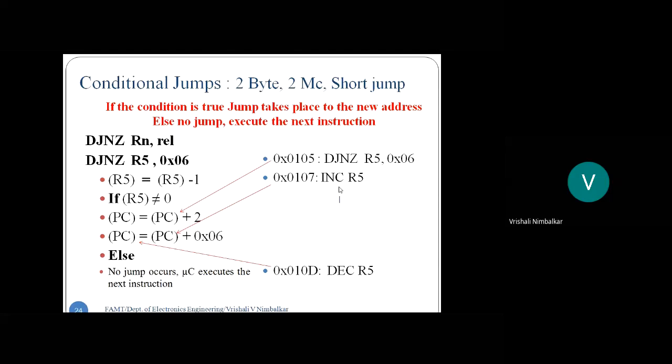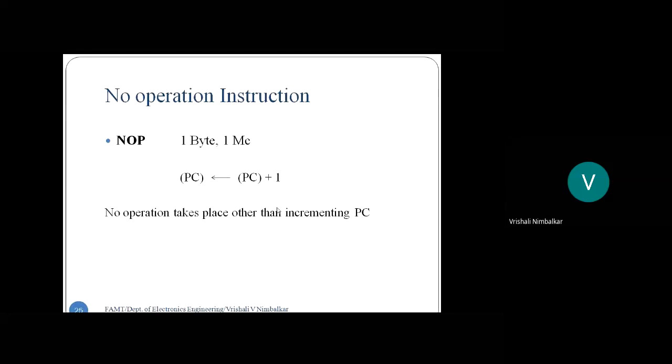Okay, so that was DJNZ. Just remember, students, the point was, either you can have a register as a counter or you can have a memory location as a counter. And where is the jump? You just give a label.